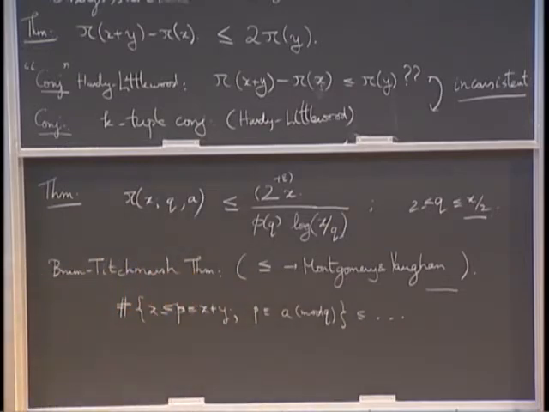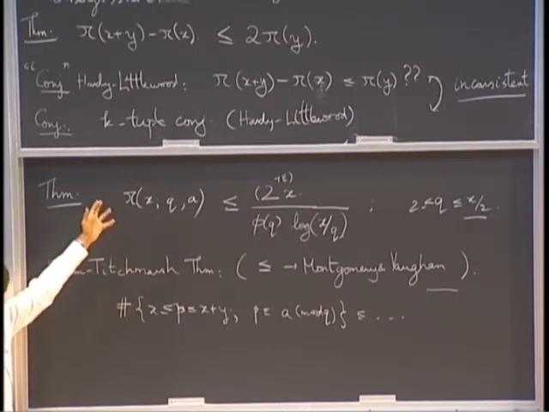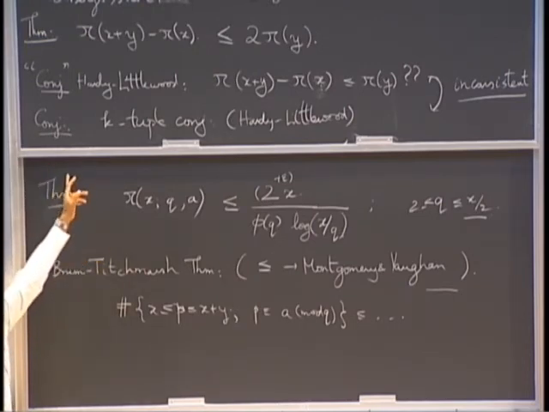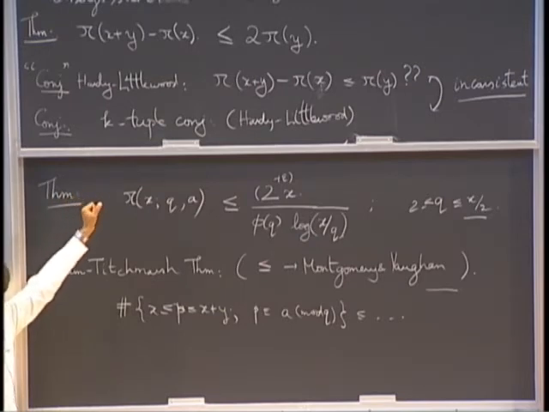You can do this too. So this is a prototype of a whole number of other results that you can do by the same method. To explain this, let me just focus on the first of these theorems, counting the number of primes in a short interval, and I'll try to show you how the method works in this situation.